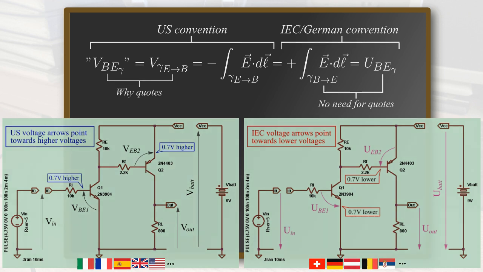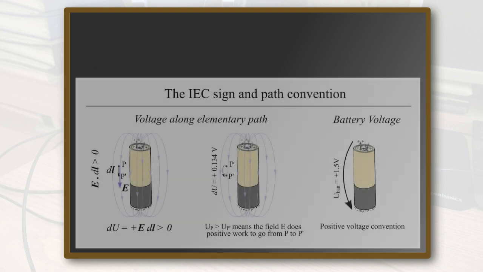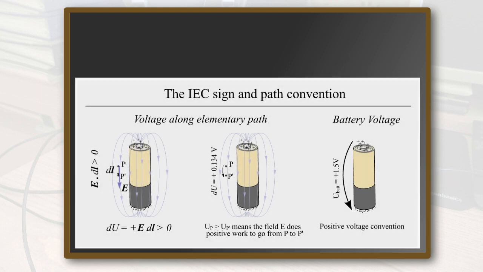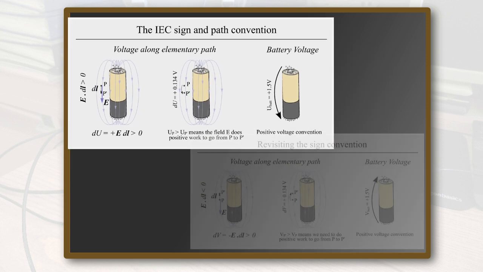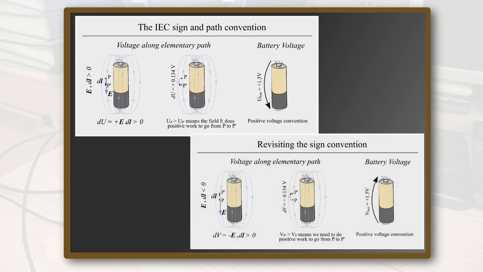In the German IEC notation, positive voltages signify that the field lines of E are predominantly oriented in the same direction as the path gamma, while in our notation, positive voltages are associated with the field lines of E going against the path gamma.